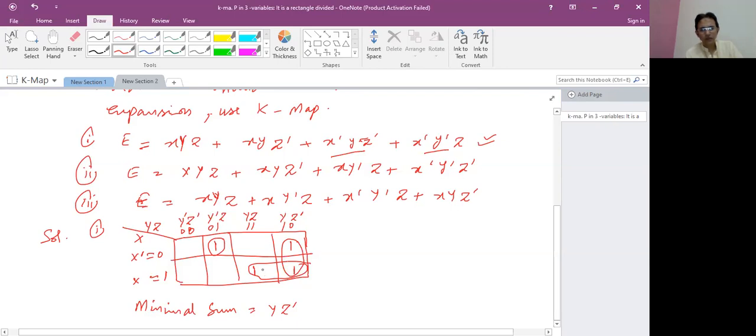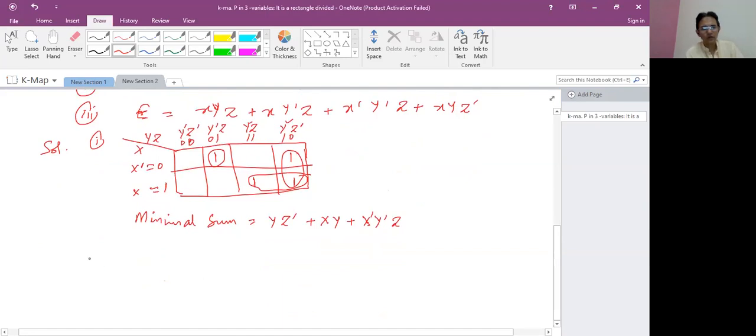In this way y is common in this row and x, so the next term is x y, plus the third one has no common, so we write all of these: x complement y complement z. So this is your minimal sum.